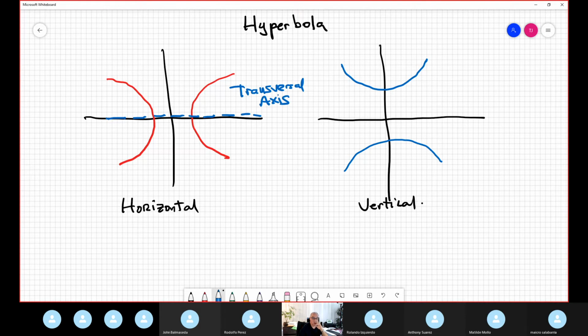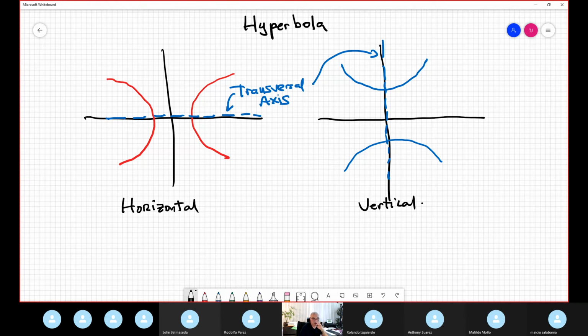In this case, it's like that. We have another axis here, called the conjugate, but it's not important. The most important is the transversal. And how do you know the position of the transversal? Well, it depends on the equation.